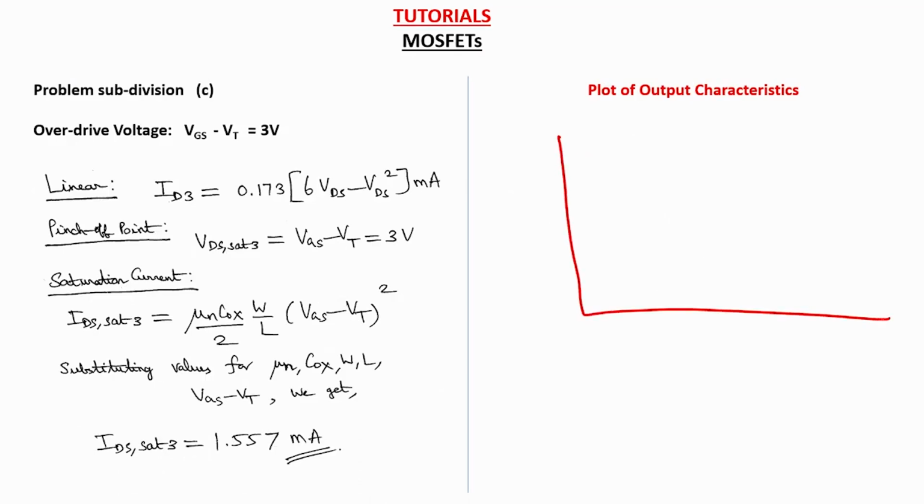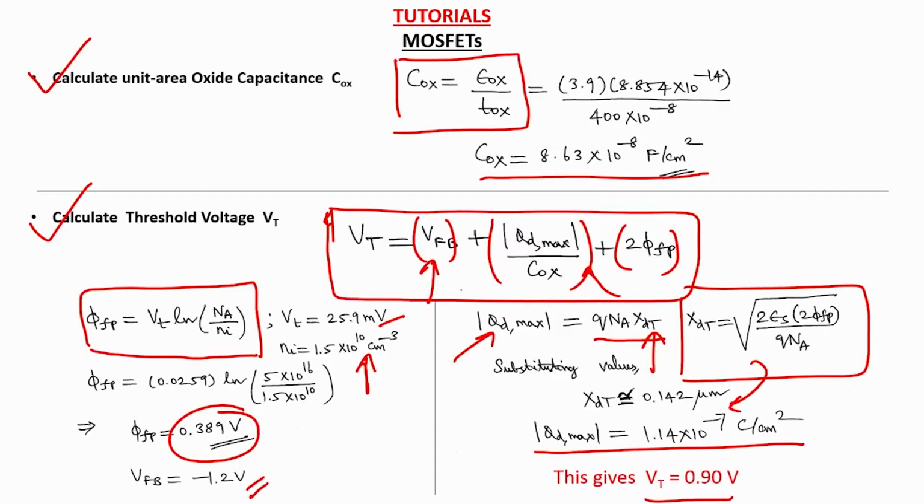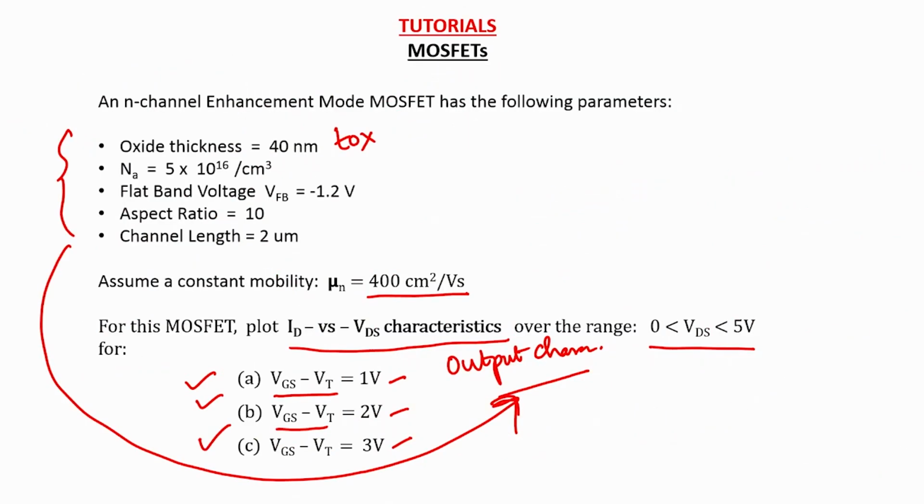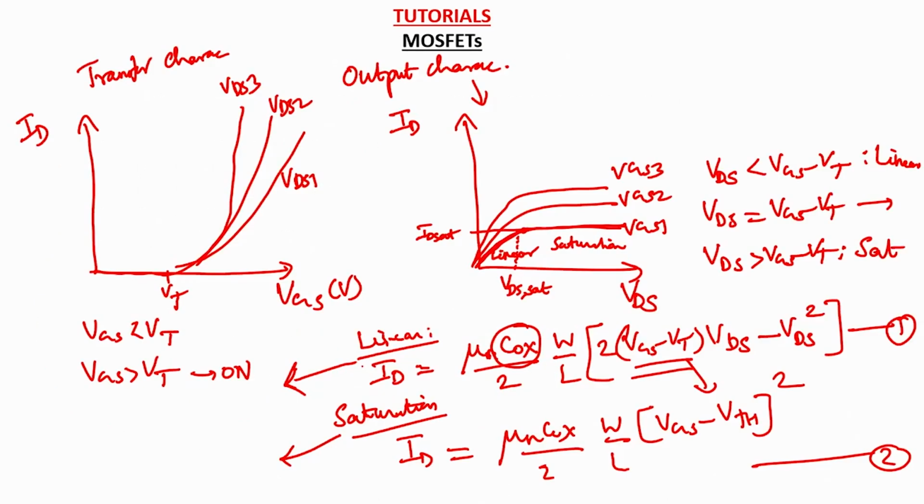Next we set off to plot the main requirement of the question, which is the output characteristics, ID versus VDS in volts, with ID probably in milliamps. First we extract the needed equations for the gate overdrive voltage VGS minus VT equal to 1 volt.